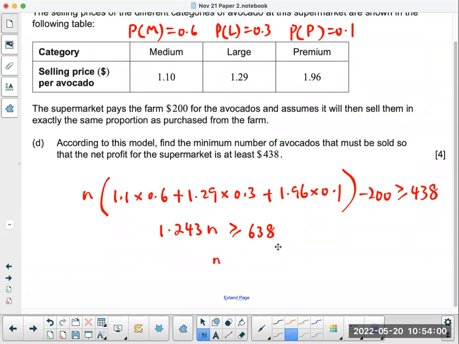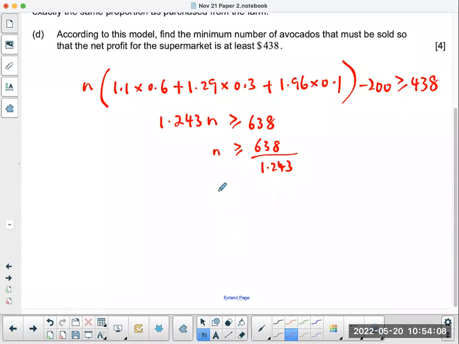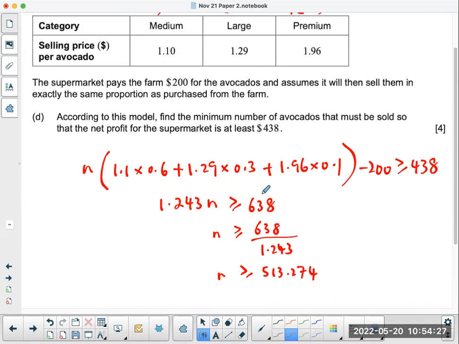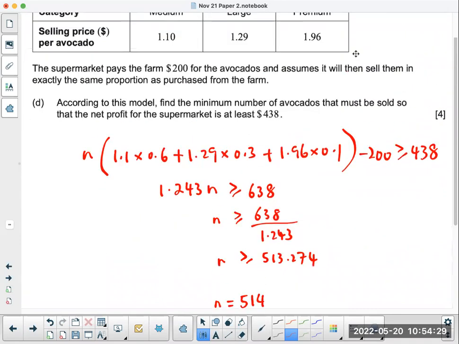N is going to be this divided by that, which means N must be greater than or equal to 513.274. Now we want the minimum number. So the minimum number would be 514 avocados. Okay, and that is the last question on your paper 2.